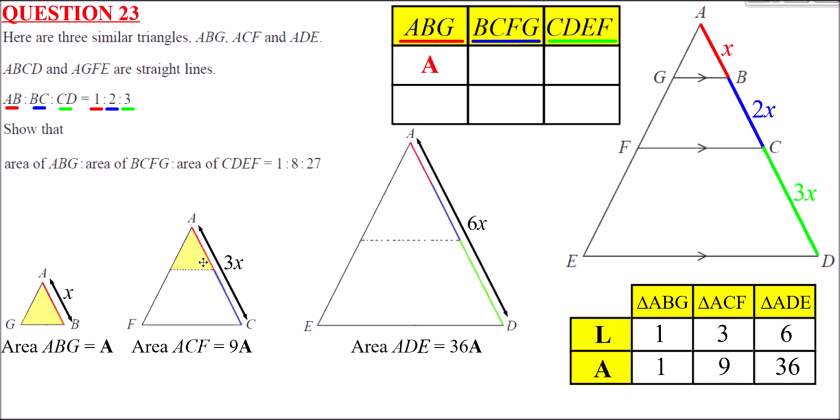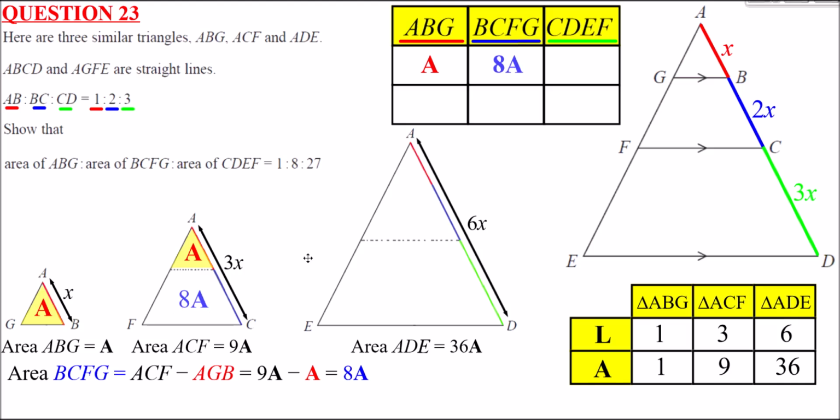Both of these yellow areas are going to be equal to A. But if the area of ACF is 9A from this ratio table, and I've got 1A already, then the area of BCFG must be the extra 8A to make the total of 9A as required. So as a calculation, area of BCFG would be the area of ACF minus area AGB, which is 9A minus 1A, which is 8A. So this here is 8A, so we can put this onto the table as well.